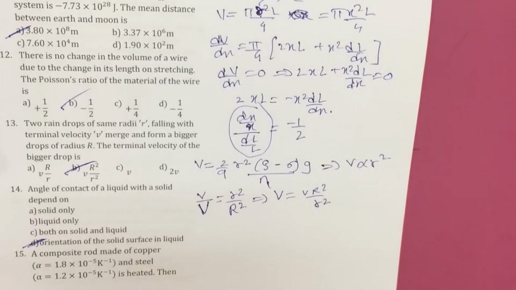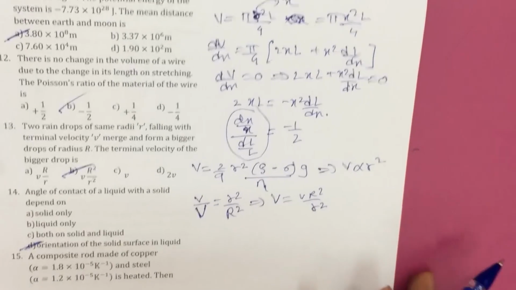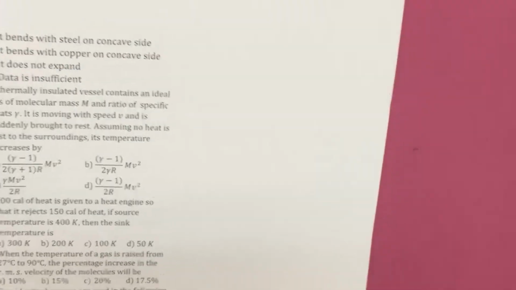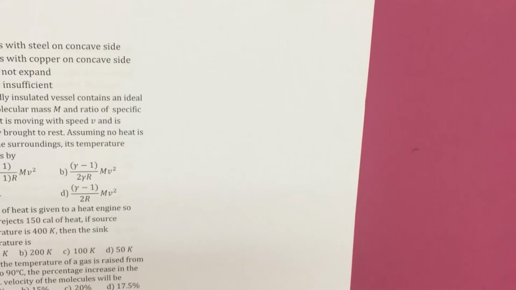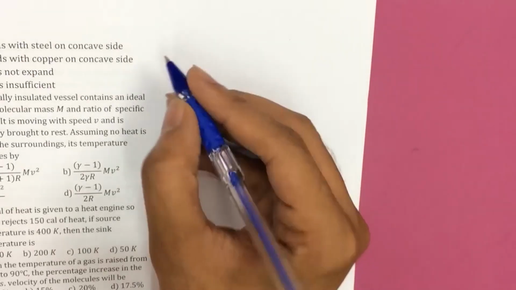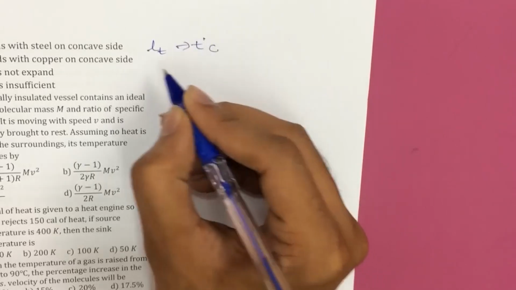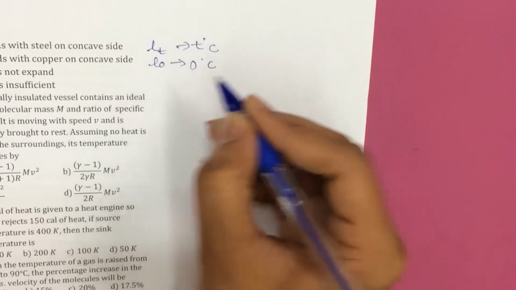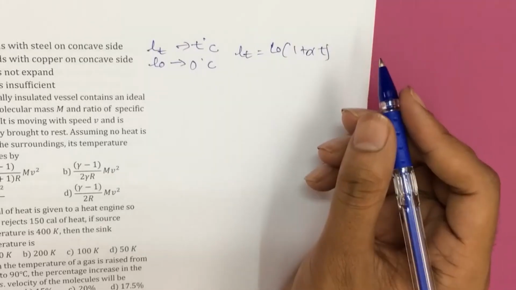Question 15. A composite rod made of copper, whose alpha value is 1.8 multiplied by 10 raised to minus 5 per Kelvin, and steel, whose alpha value is 1.2 multiplied by 10 raised to minus 5 per Kelvin, is heated. Then what happens? Here, if L_T is the length of a rod at T degrees Celsius and L0 is the length of the rod at 0 degrees Celsius, then we know that L_T equals L0 (1 plus alpha T), where alpha is the coefficient of linear expansion.